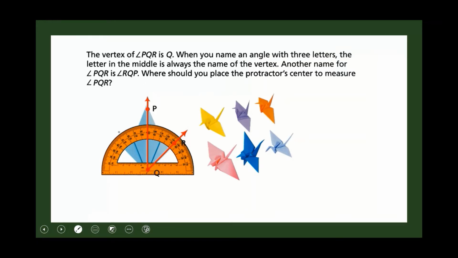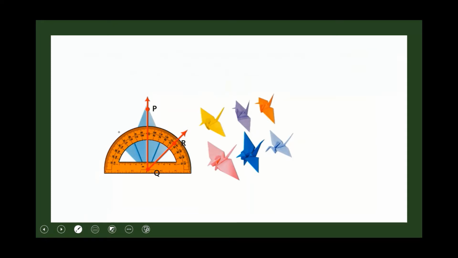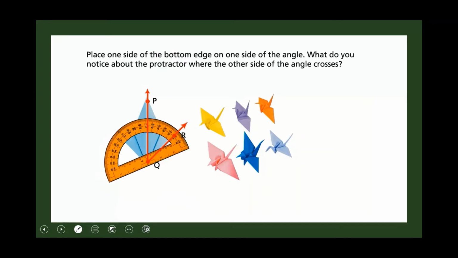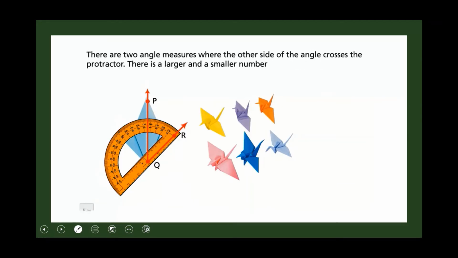Where should you place the protractor's center to measure angle PQR? To measure angle PQR, place the protractor's center on the angle's vertex, Q. Place one side of the bottom edge on one side of the angle. What do you notice about the protractor where the other side of the angle crosses? There are 2 angle measures where the other side of the angle crosses the protractor. There is a larger and a smaller number.